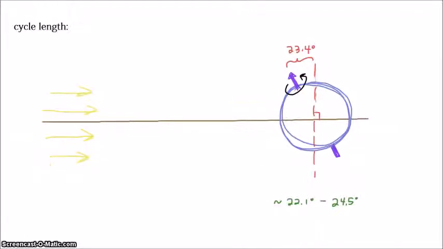That tilt causes the seasons because different parts of the Earth get different amounts of solar radiation, or different strengths of solar radiation, and we call this obliquity. And the cycle length is about 41,000 years.